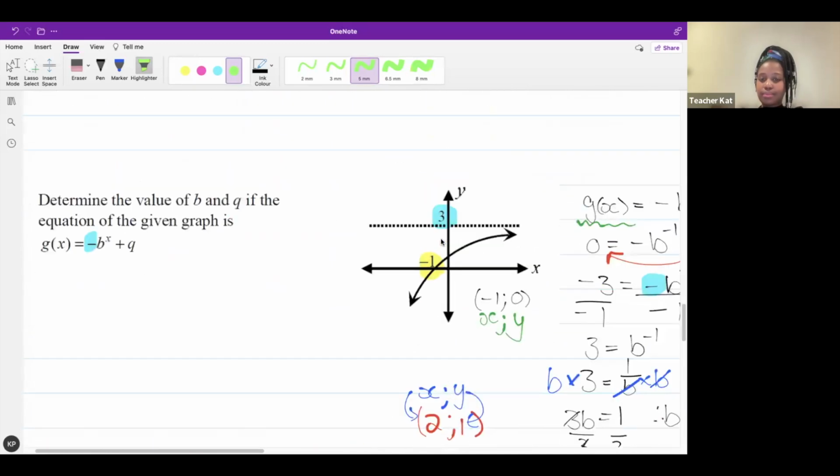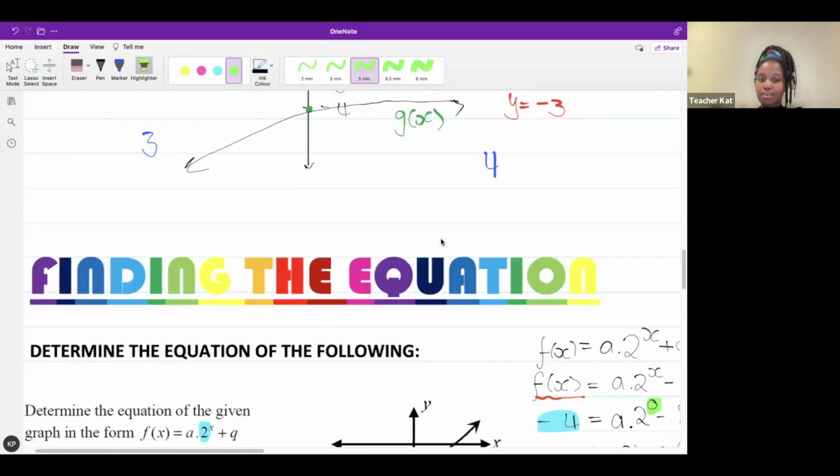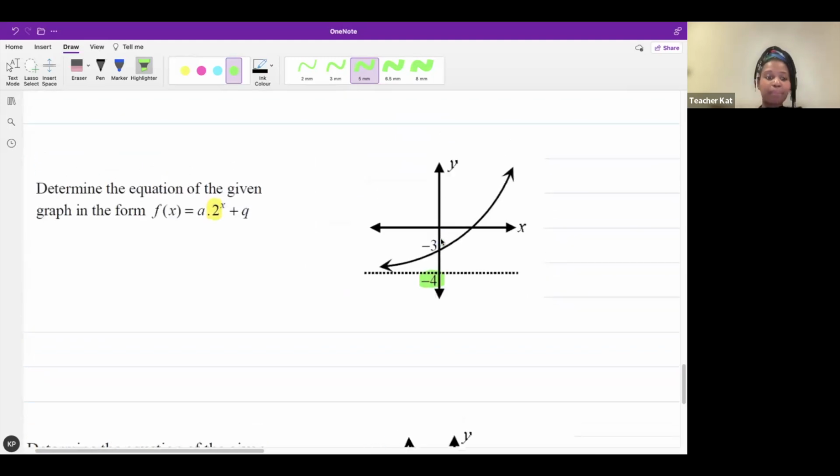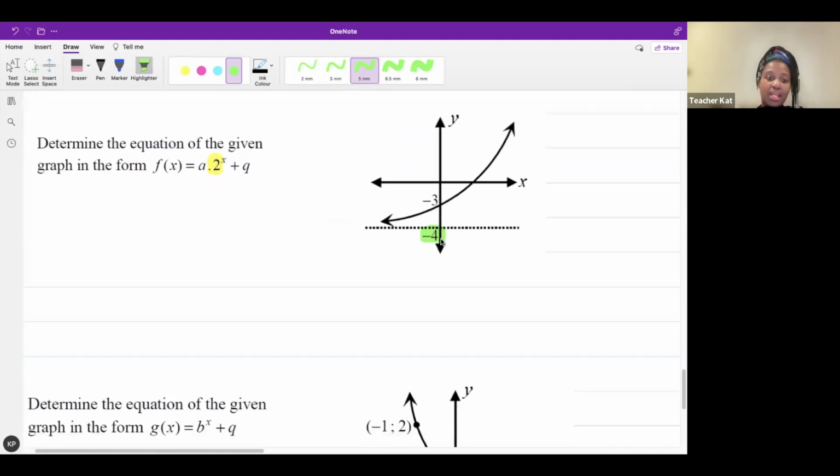Okay, -4 is our asymptote, which means it is the line y equals -4. It's not a point, guys, it's a line. The intercept is 0, -3.